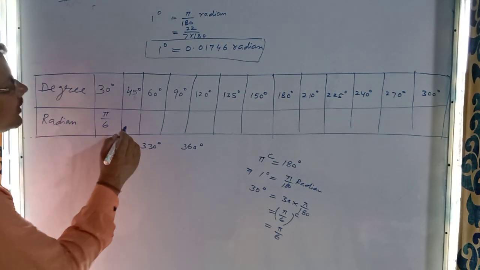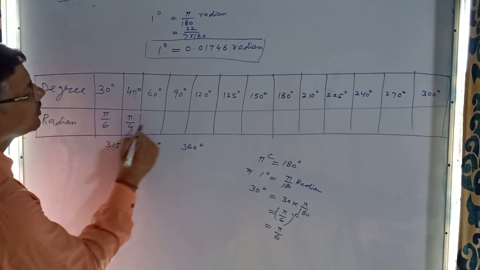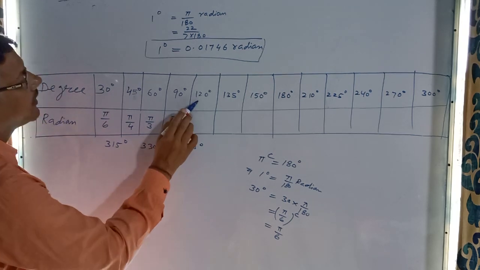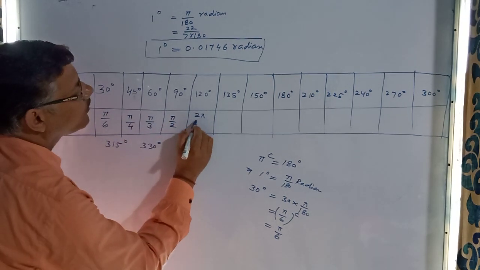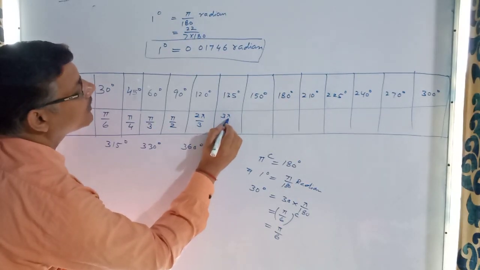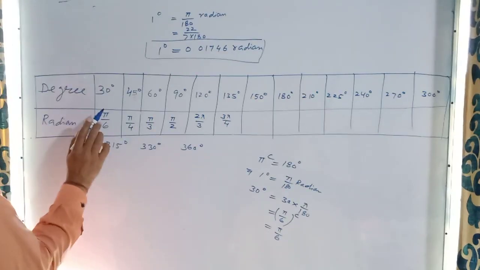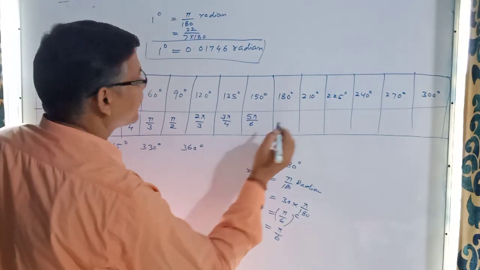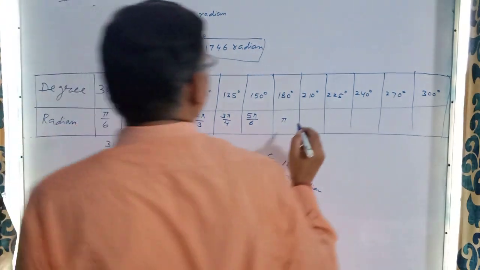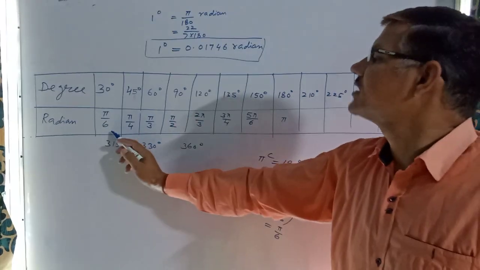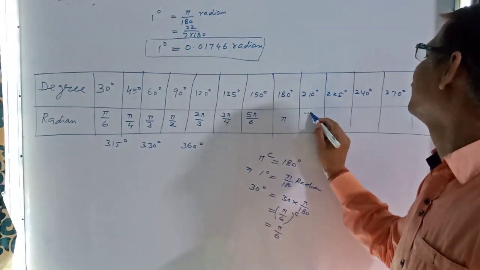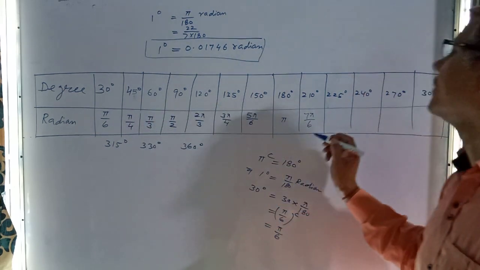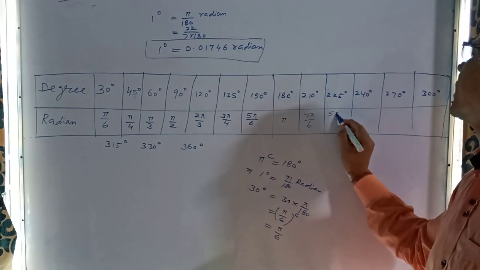On the similar way we get pi by 4, pi by 3, pi by 2, and it is double of this, so it is 2 pi by 3, then 3 pi by 4, 150, this is 5 times, so 5 pi by 6, it is pi, and 210, that is 7 times of 30, so we get 7 pi by 6, 225, it means 5 times of 45, so I write here 5 pi by 4.